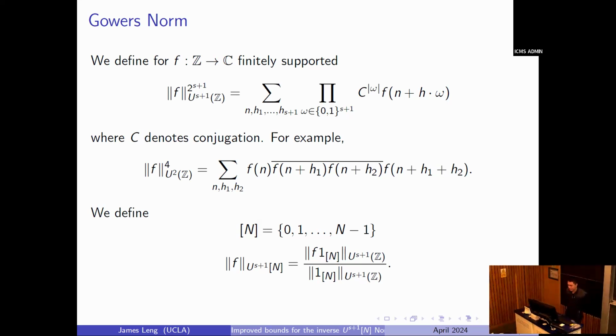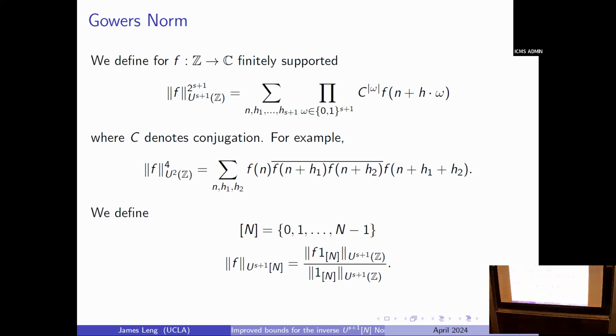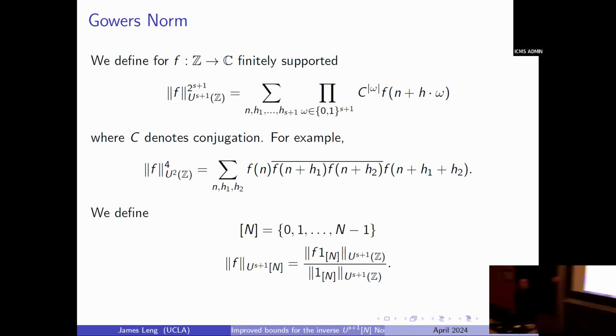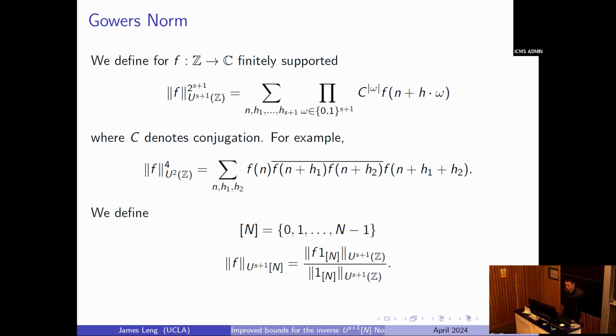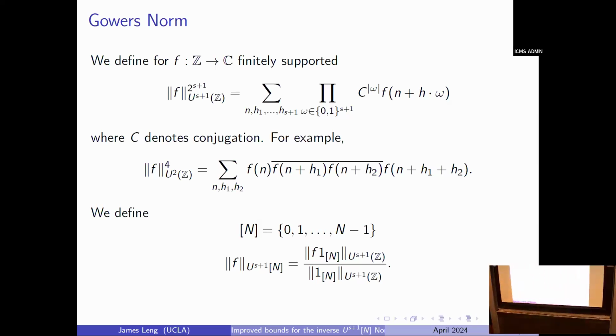And you take the 2 to the s+1 root, and you get the Gowers norm. So for instance, the U4 norm is defined like this, as pictured. We can also define these Gowers norms localized to different sets.